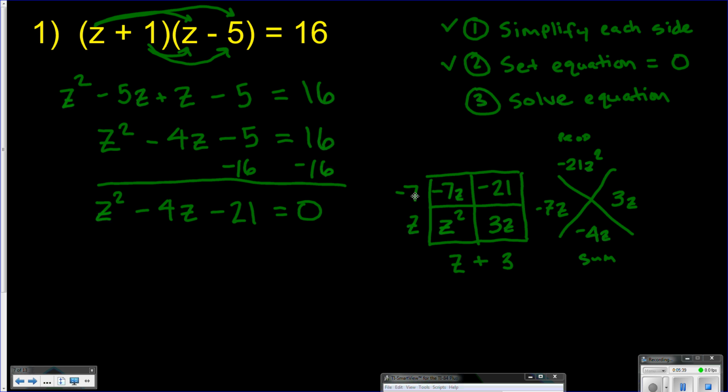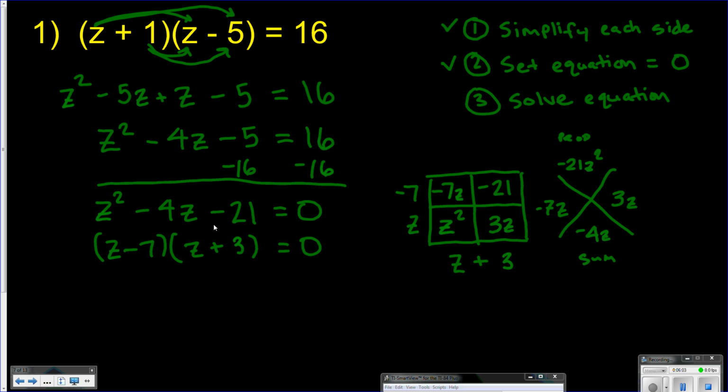And we'll see 3 times negative 7 gives us the negative 21. So we factor this into z minus 7 times z plus 3 is equal to 0.